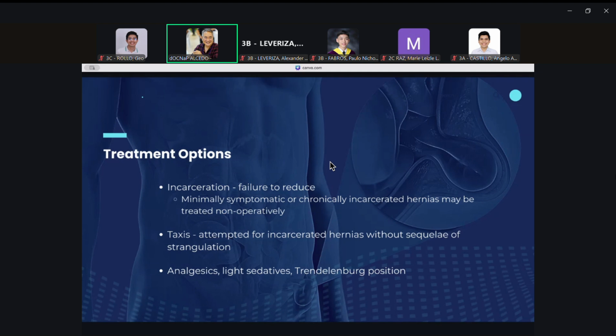So you operated, you repaired it, returned the patient to the ward, and then the next day, lo and behold, the patient is having tachycardia, possibly septic, because the reduced hernia, which was strangulated, is still within the patient. So, very important. You have to make sure when a patient comes in with an incarcerated hernia that there is no possibility that it is strangulated, because if it has a possibility, then don't even attempt to reduce it.